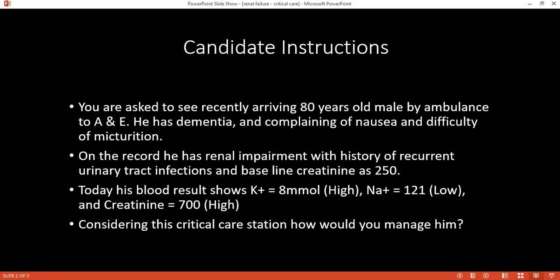The patient already has high creatinine, high urea, and also electrolyte disturbance. I will start by giving the patient a bolus of IV fluid and check the response, and then treat the electrolyte disturbance. The patient has hyperkalemia.